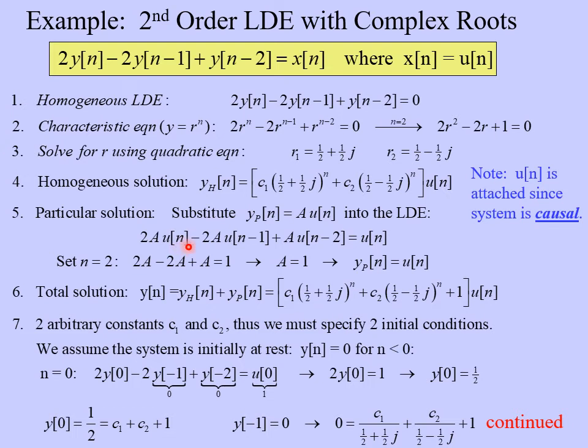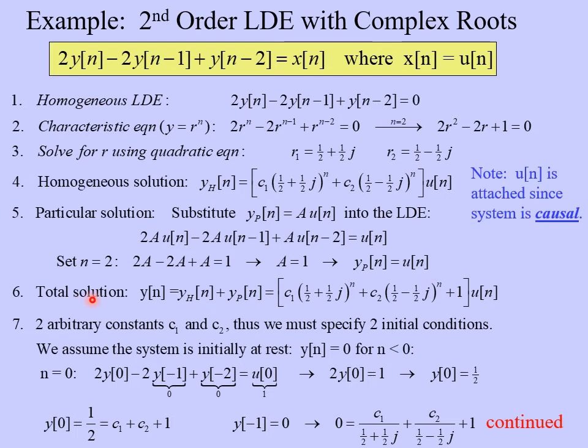Remember the step function is equal to 1 as long as its argument is positive or 0. So I get 2a minus 2a plus a equals 1, and the solution of this is a equals 1. So my particular solution is just equal to the step function u of n.